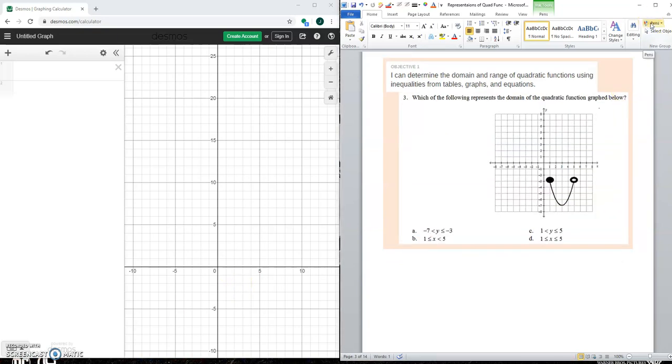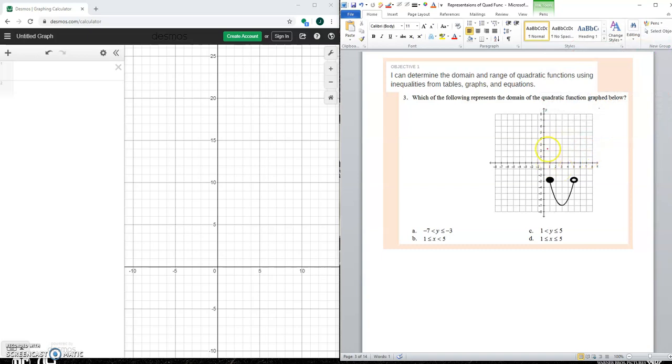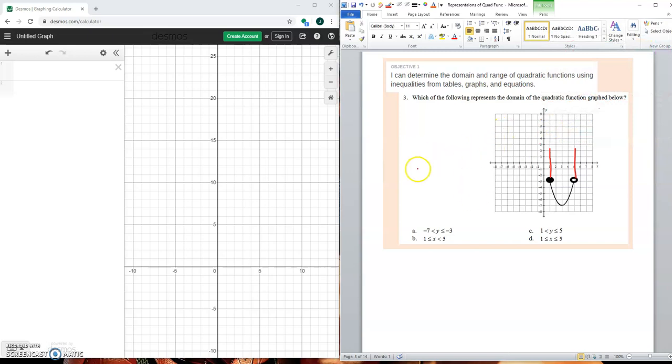Example number 3. Which of the following represents the domain of the quadratic function below? Let's again use our strategy, which is marking left to right because it's domain. Again, domain is left to right, range is bottom to top. Once you have marked your graph, because it's domain, you write the x, and then this symbol is always used going that way, and then you go from left to right, and that number right there is a positive 1 all the way to 5.